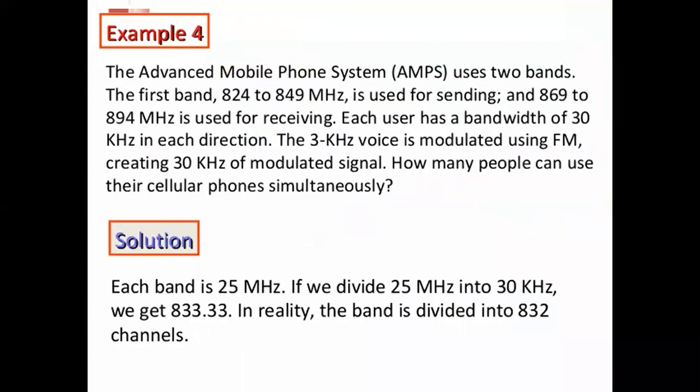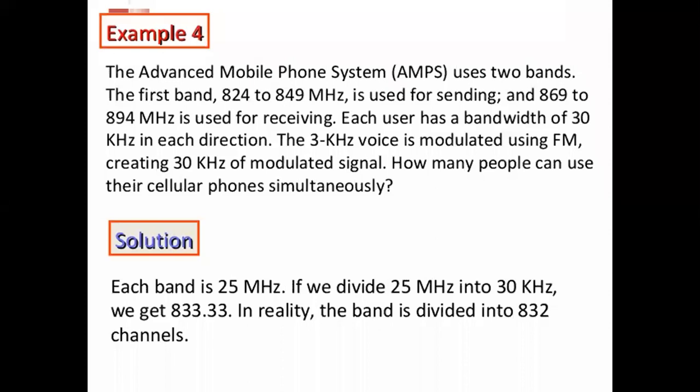Okay, see one example here. The advanced mobile phone system uses 2 bands. The first band is 224 to 449 megahertz, used for sending, and 869 to 894 megahertz is used for receiving.